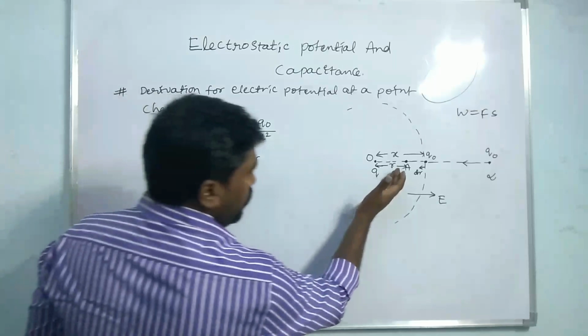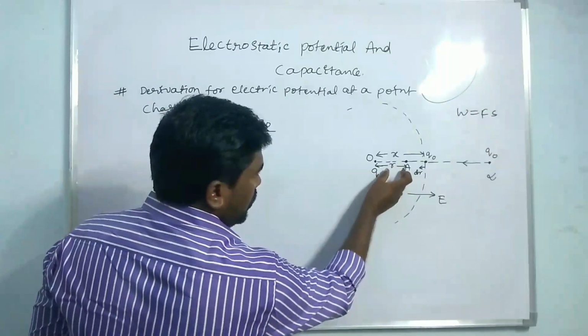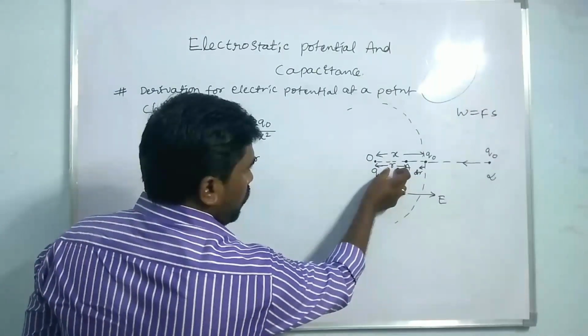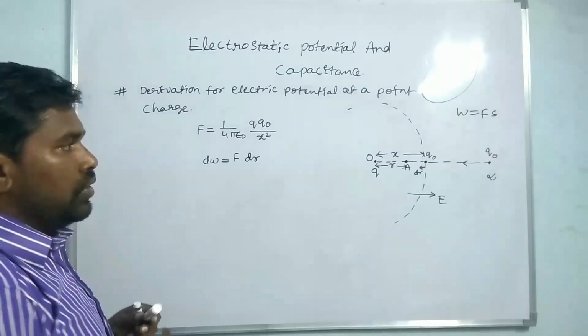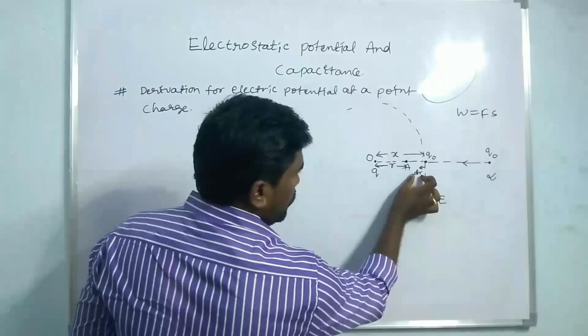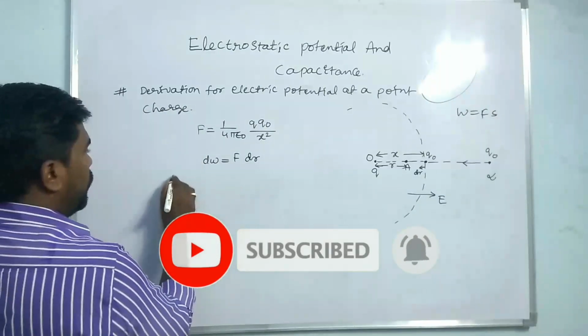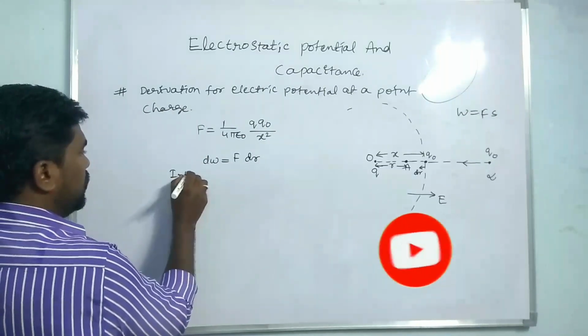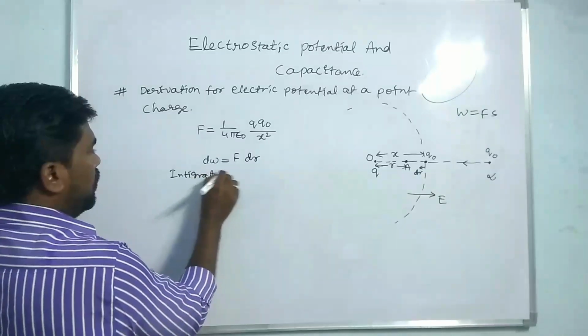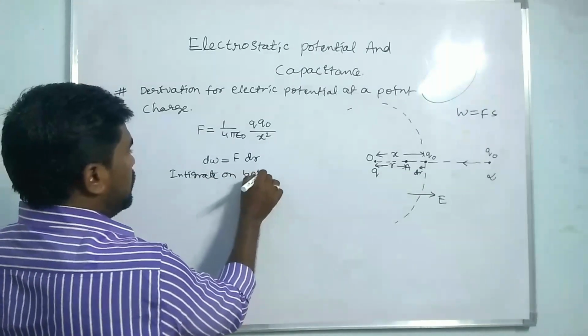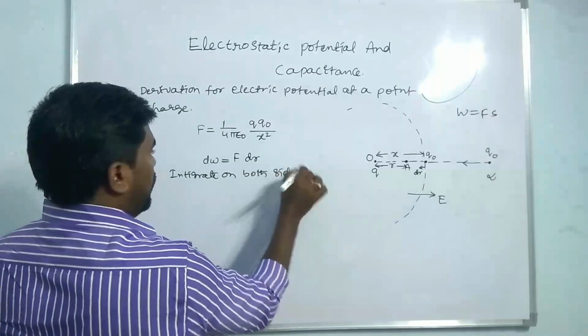So we need to move from point O to distance R, moving dr distance each time. The work done is dW equals F into dr. Now we have to integrate on both sides to get the total work done.